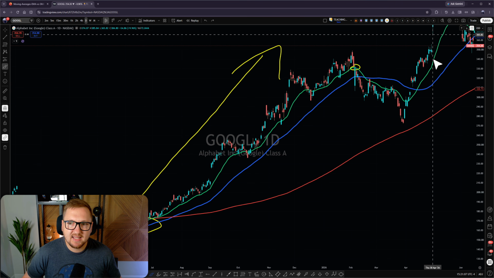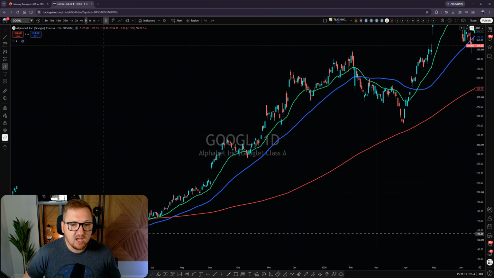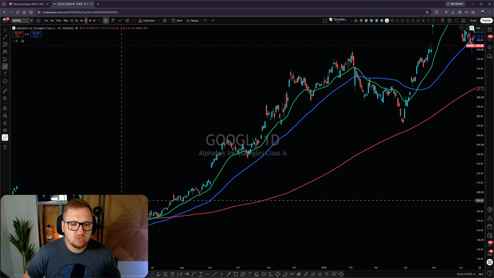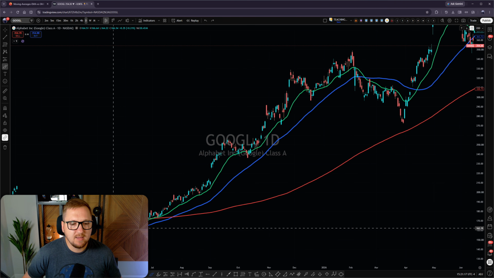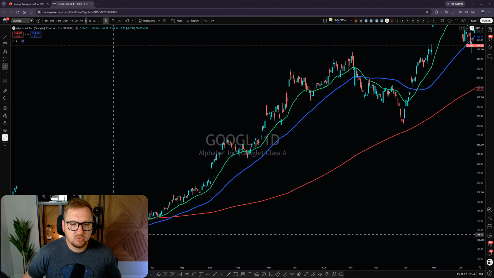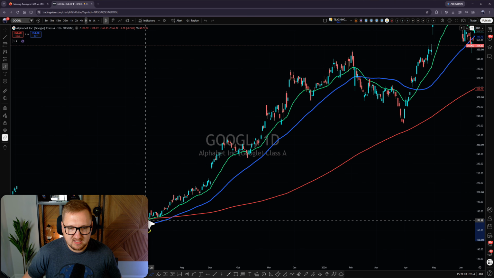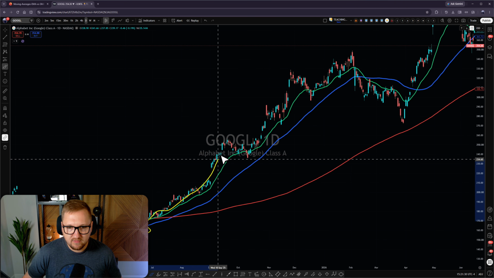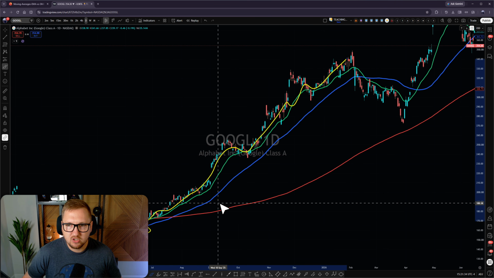Again, these are lagging indicators. These are not some magical thing that's going to say, hey, we're going to go into a massive move, or sit there and say, hey, this is the bottom, this is the bottom, this is the bottom. They're more so going to just show you, if you get into this investment down here and the 20 and the 50 continue to hold, this is just telling you, hey, you're good.